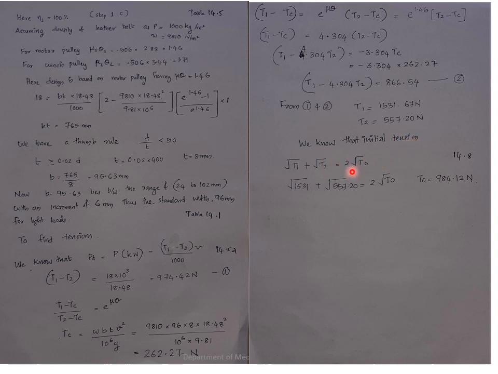For finding the initial tension, you have to find T1 and T2. Solving the first two equations, you can find T1 and T2, and using T1 and T2 you can find the initial tension. This is the final answer: T0 is equal to 984.12 Newton.